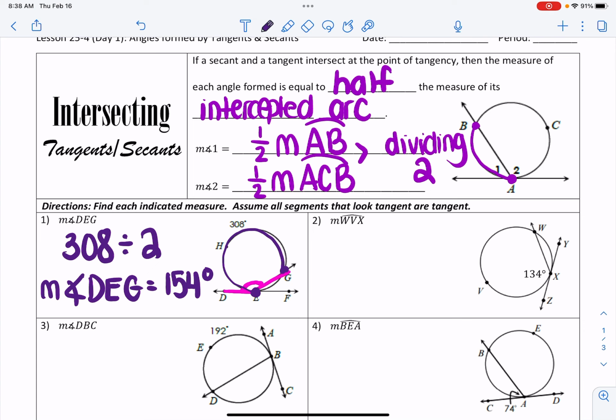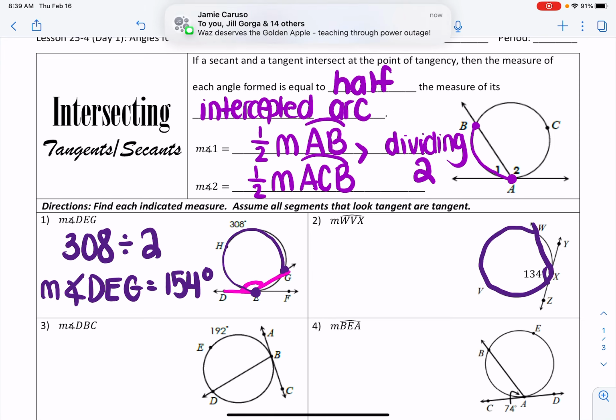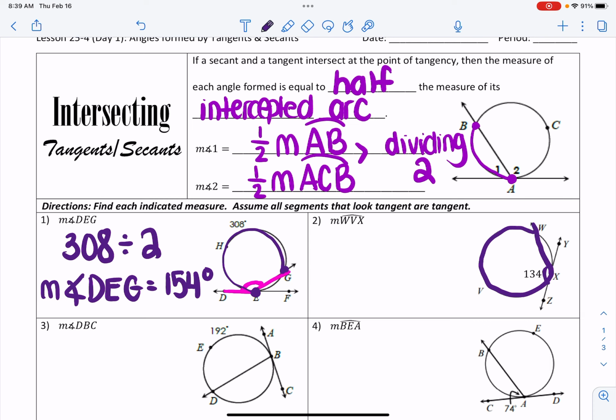The next one, number 2, is going to be looking at finding the measurement of the arc WVX. So now I have this angle in here, that's 134, and WVX is going to be this arc right there. That's your intercepted arc since it falls in between those two. So in other words, I'm going to multiply both by 2.